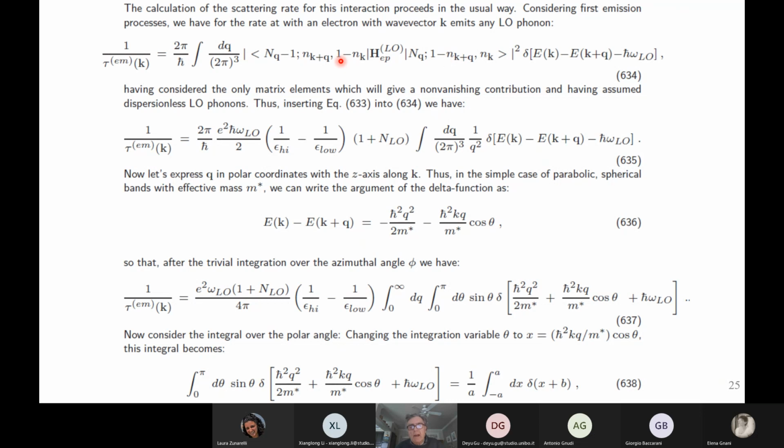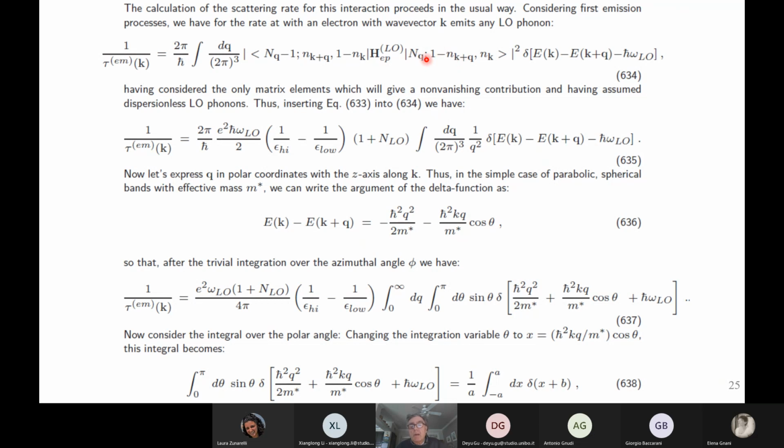It means we always have final states which are available, because they are not filled, or they are filled to such a small amount that we can ignore it. And we consider only the scattering rate for an electron that already exists, so this will be 1.